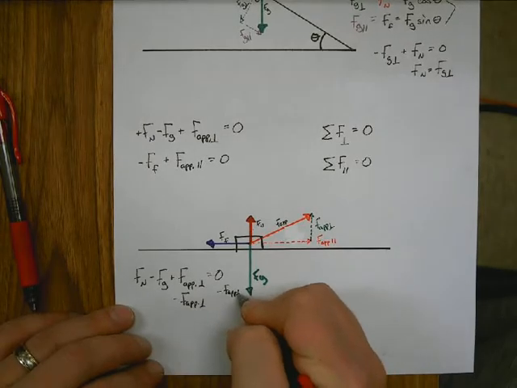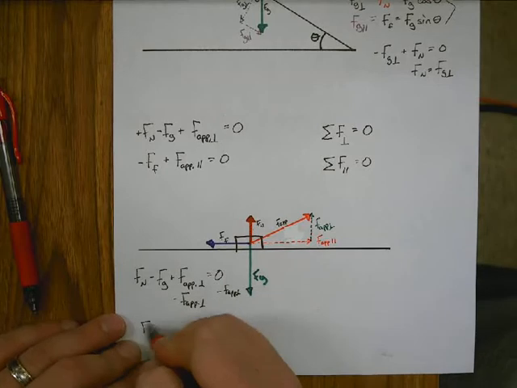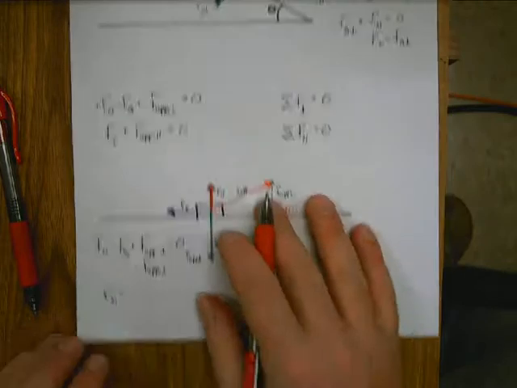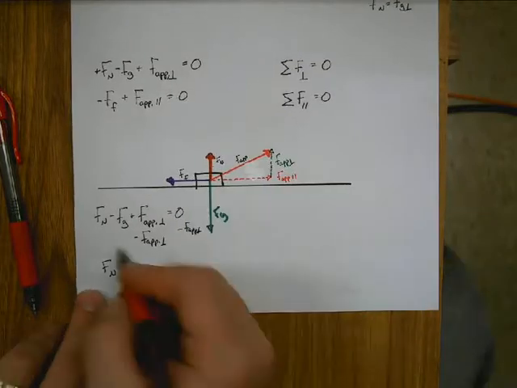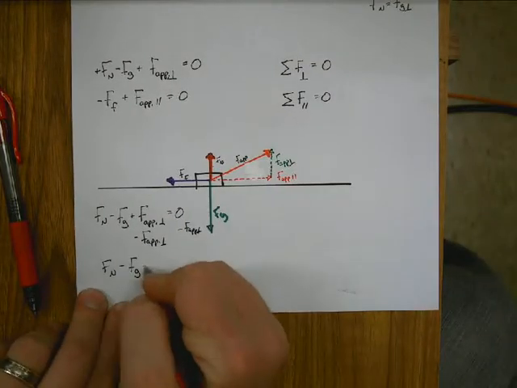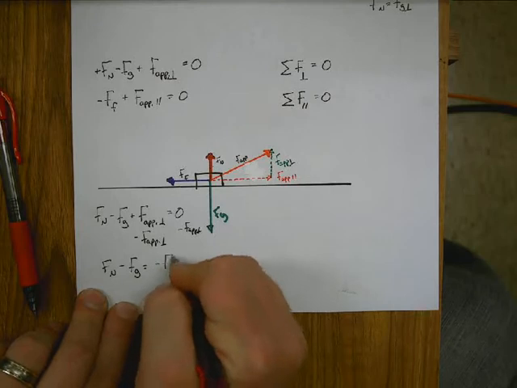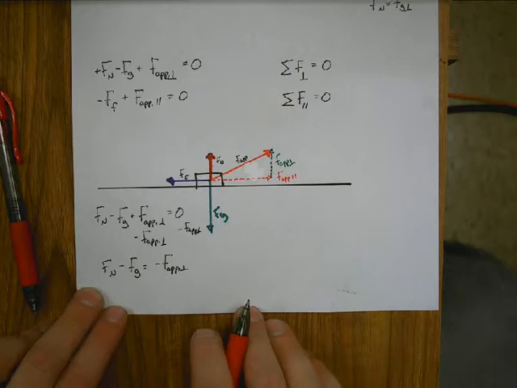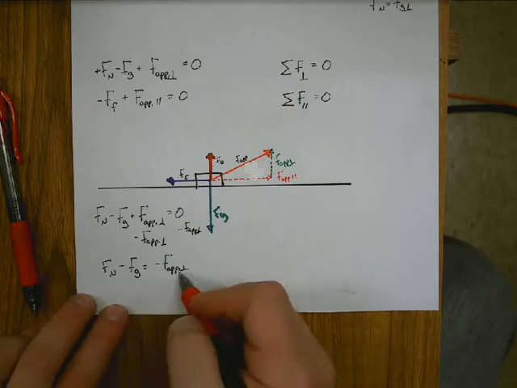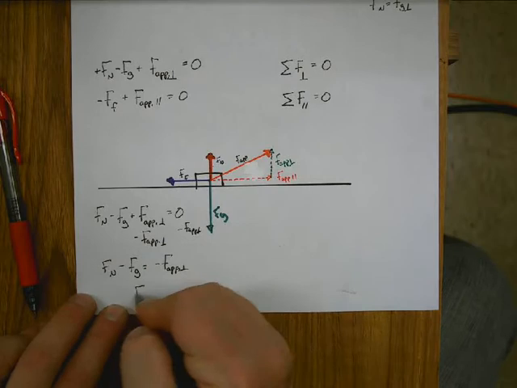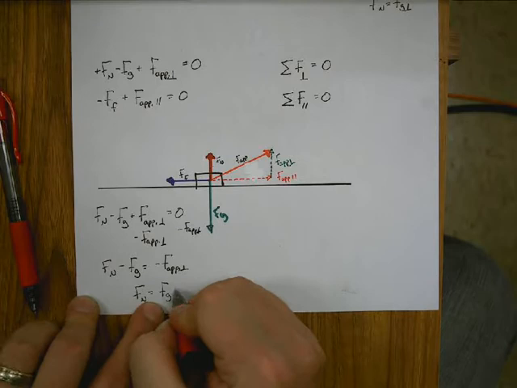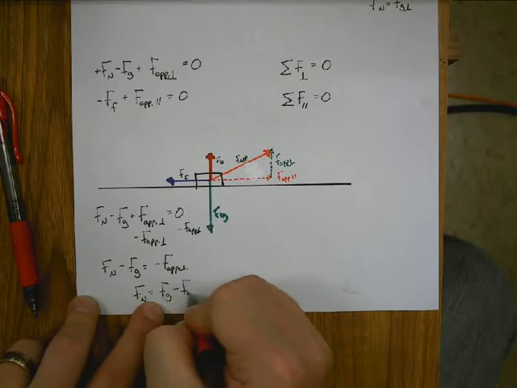Perpendicular, and I get Fn minus Fg equals a negative force applied perpendicular. I also know that I need to move this F sub g over, so I'm just going to add it over, and I get my normal force now is going to be Fg minus the force applied perpendicular.